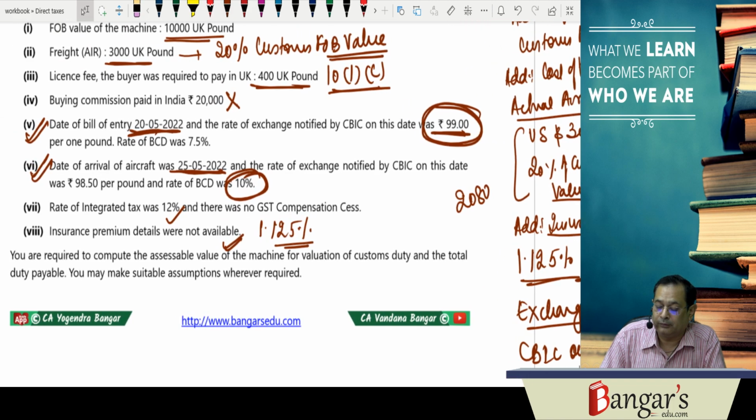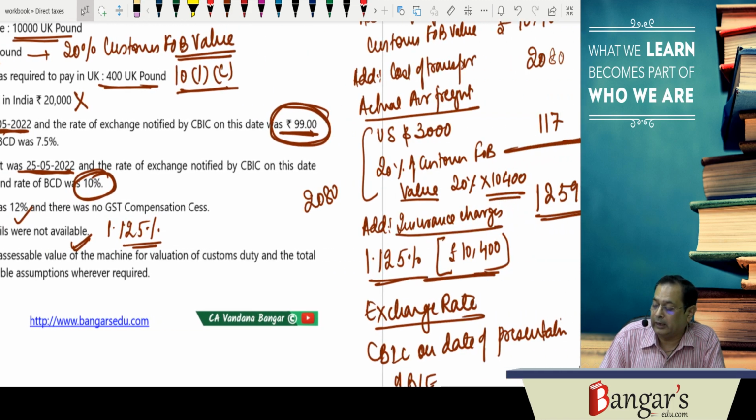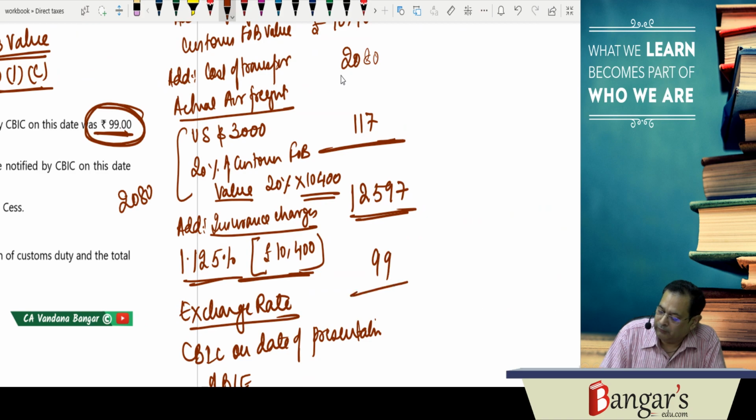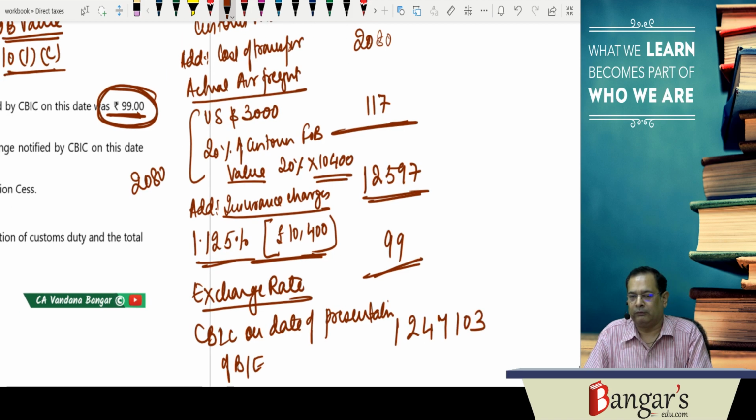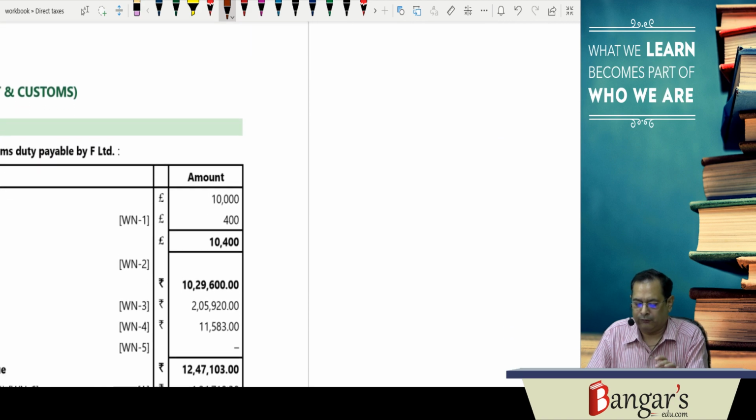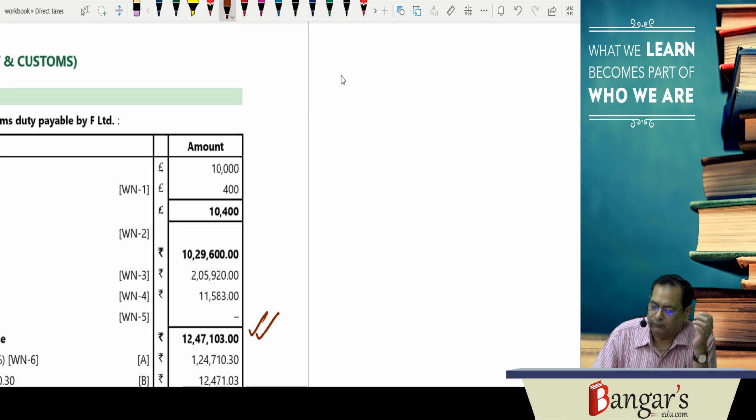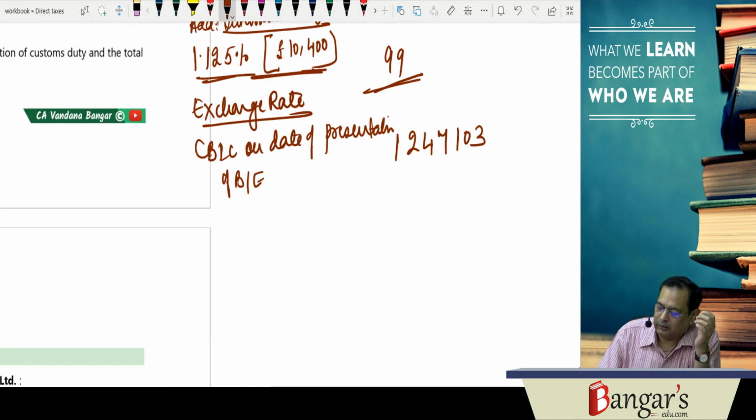Always the date of presentation of bill of entry. Here the exchange rate will be 99. When we convert it, it gives you 12,47,103. Verify it. Then add basic custom duty.